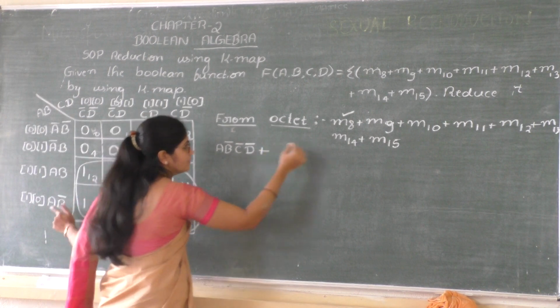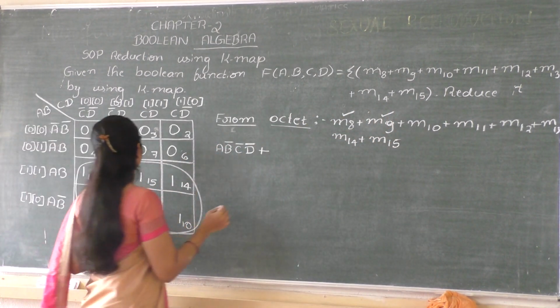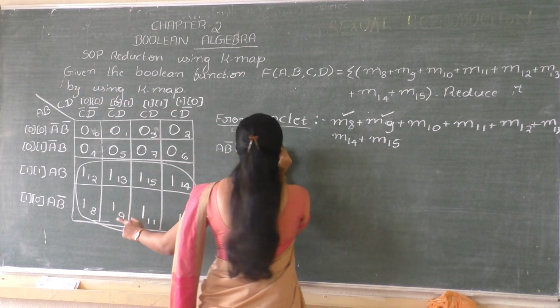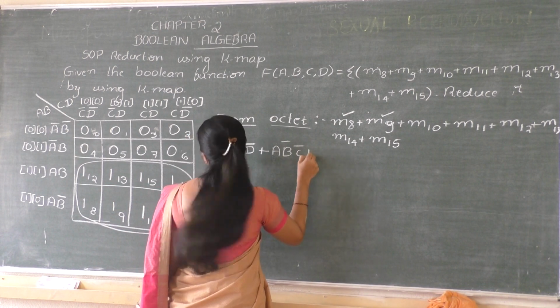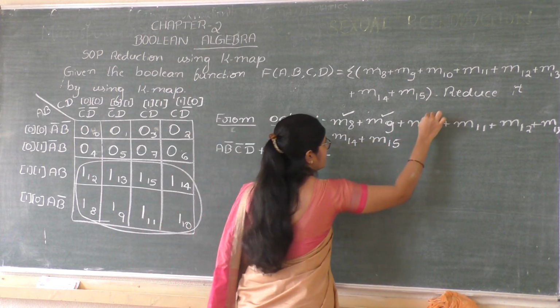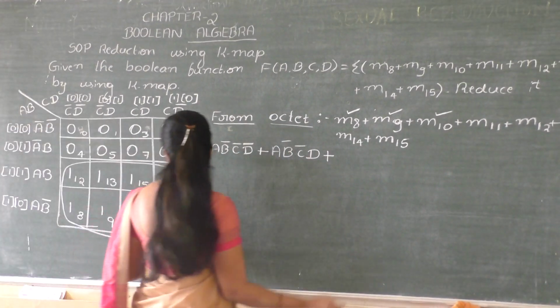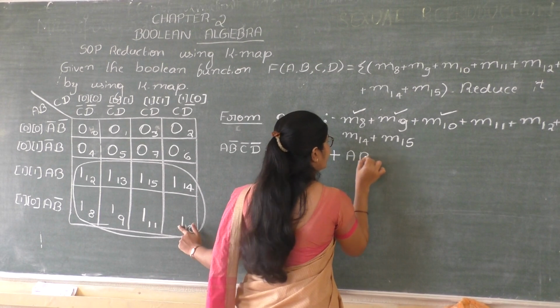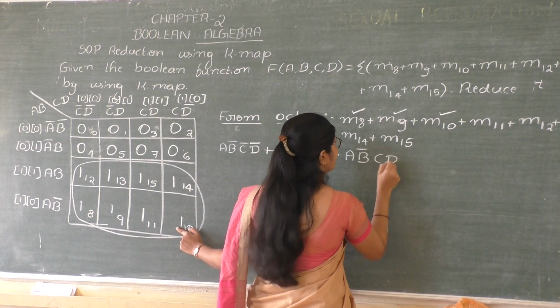Plus minterm in the 9th box M9 is A B bar C bar D. Plus 10th minterm, in the 10th square A B bar C D bar.